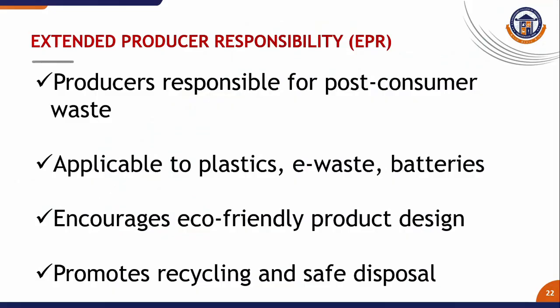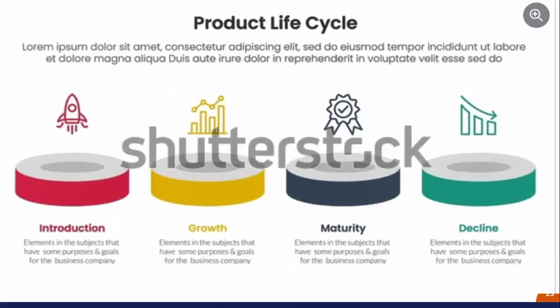Extended producer responsibility, EPR: producers are responsible for post-consumer waste, applicable to plastic, e-waste, batteries, encourages eco-friendly product design, promotes recycling and safe disposal. These are the main points involved in EPR. It is a product life cycle: introduction, growth, maturity, finally decline.